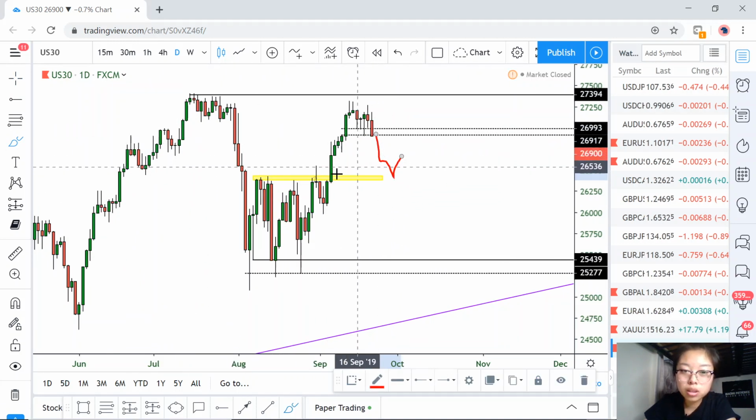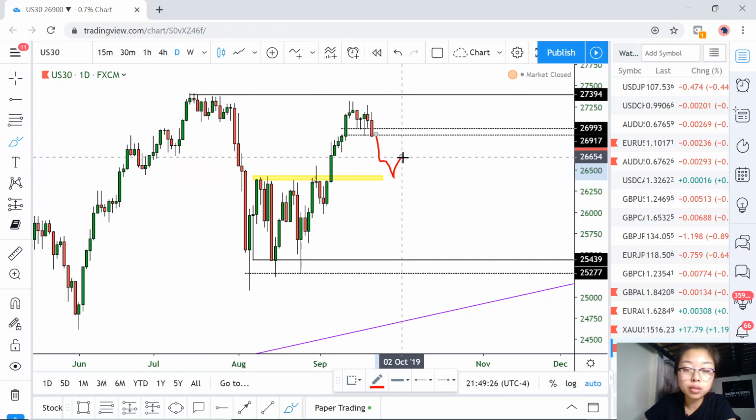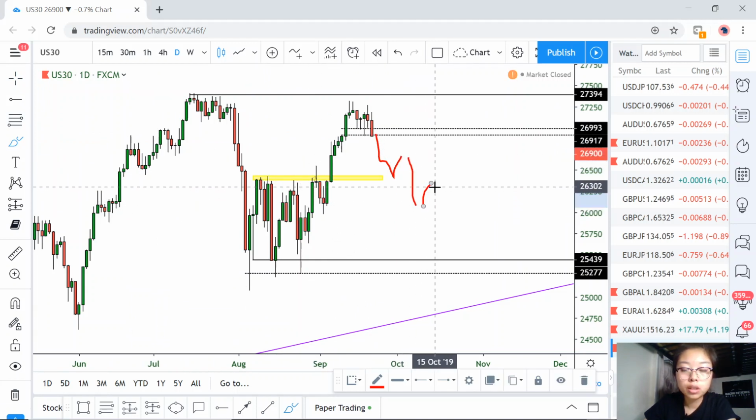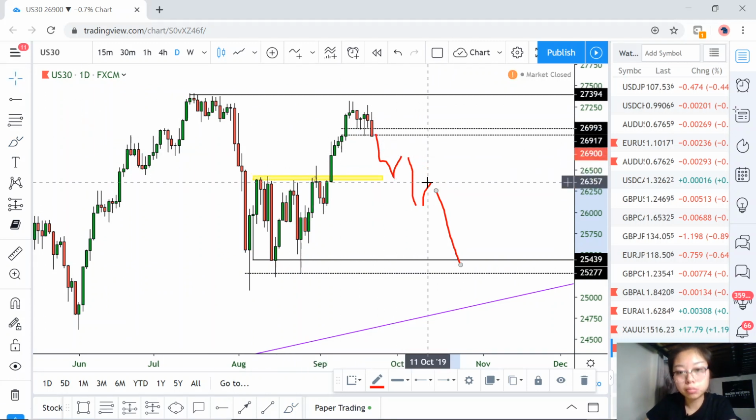This, I'm expecting at least a weak bounce off of this area before it breaks and heads into the 25,300 area. So I'm not actually drawing random bounces.